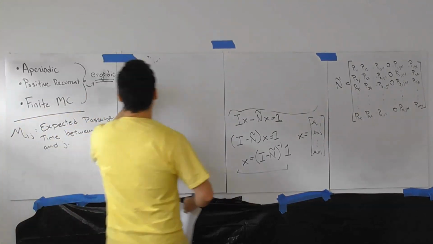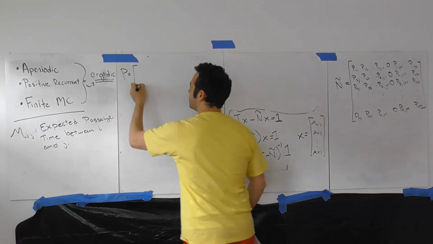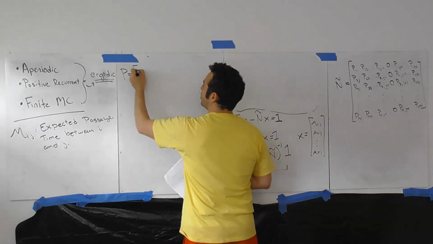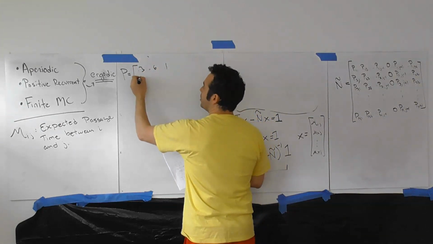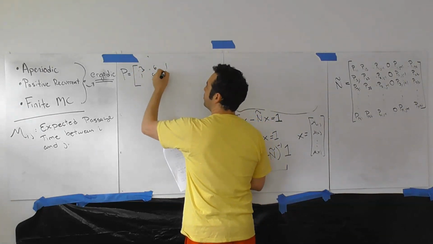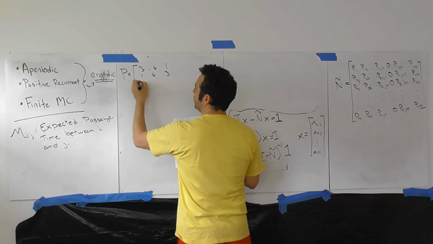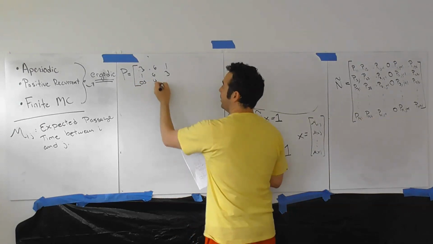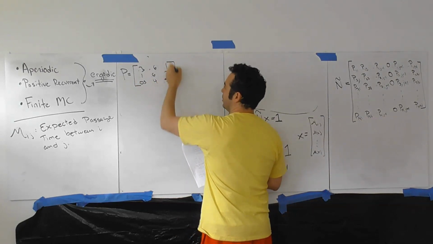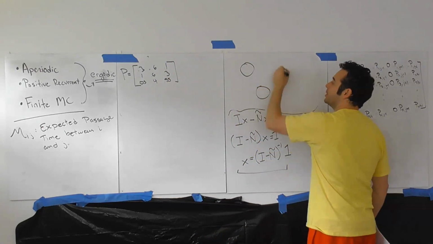So let's say we had the following transition matrix: 0.3, 0.6, 0.1; 0.1, 0.6, 0.3; 0.05, 0.4, and 0.55. Okay, so one of the first things we might want to do is actually draw what this looks like.